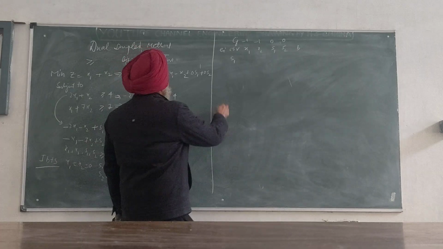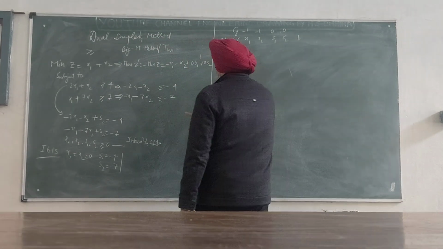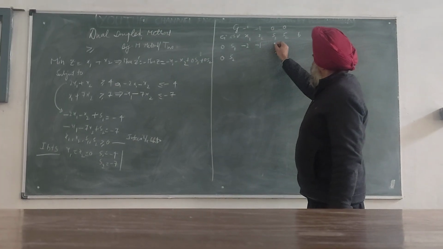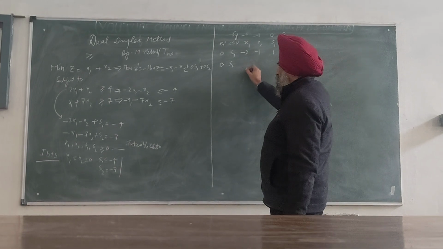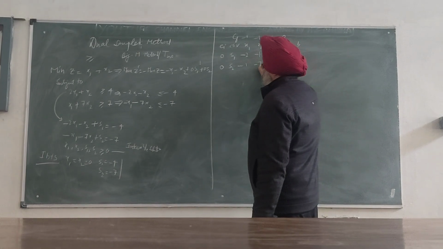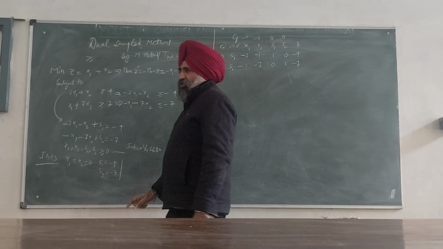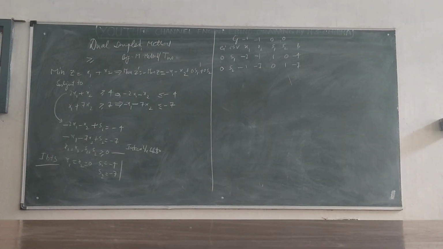Let us do s1. It is having coefficient 0, s2 0. So substitute here: minus 2, minus 1, this is 1, this is 0, this is minus 4. Clear? Here it is minus 1, minus 7, 0, 1, minus 7.